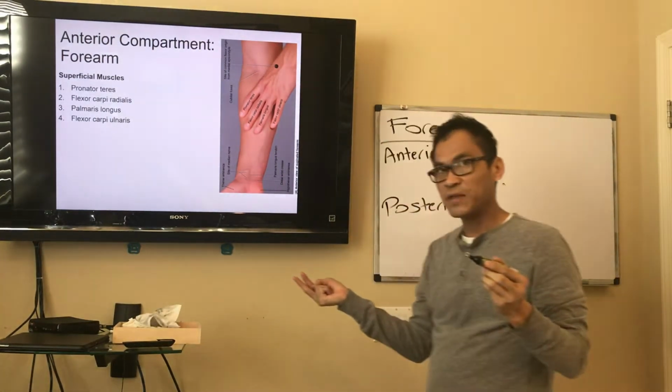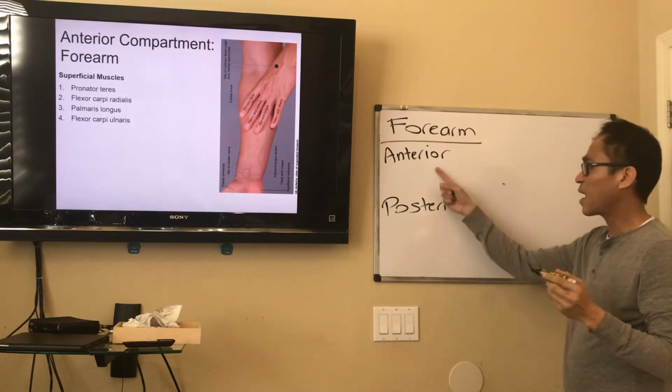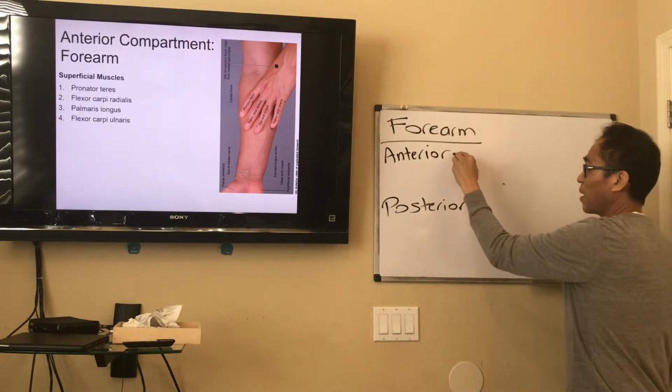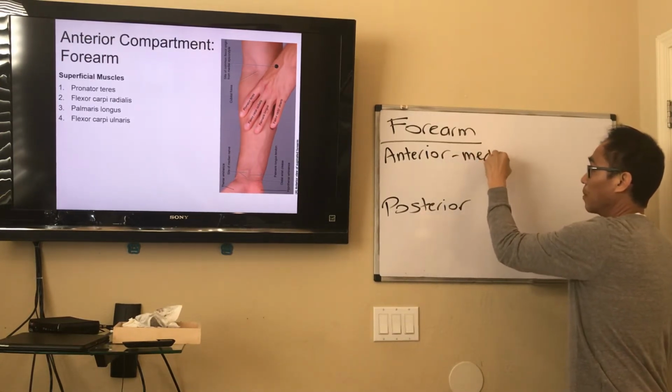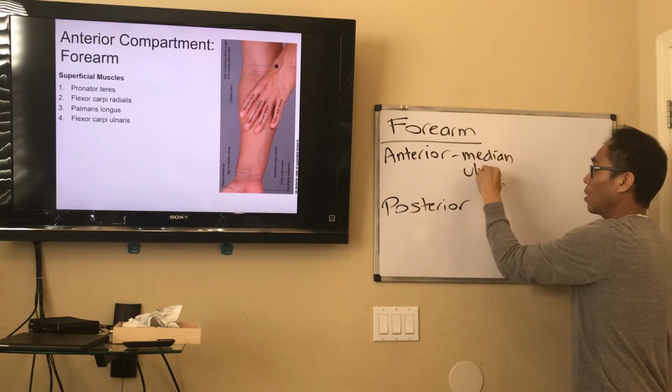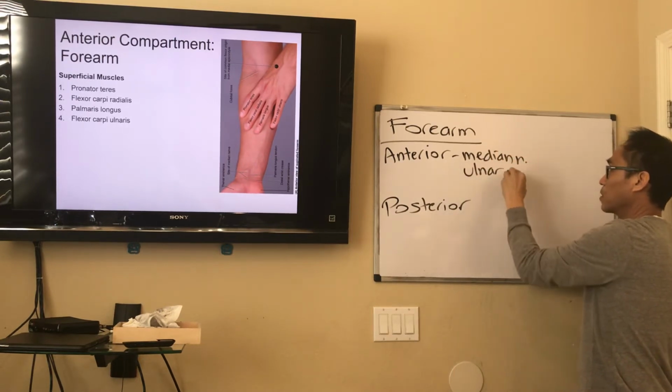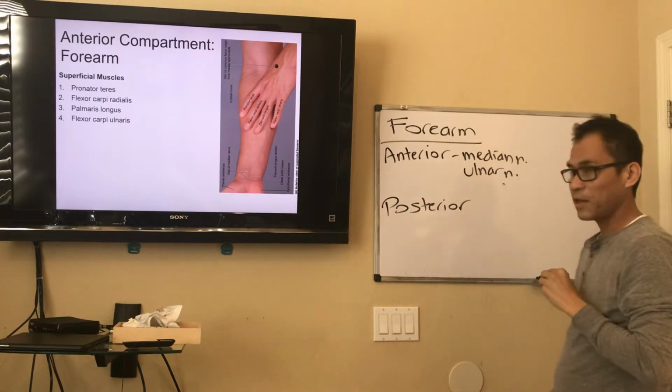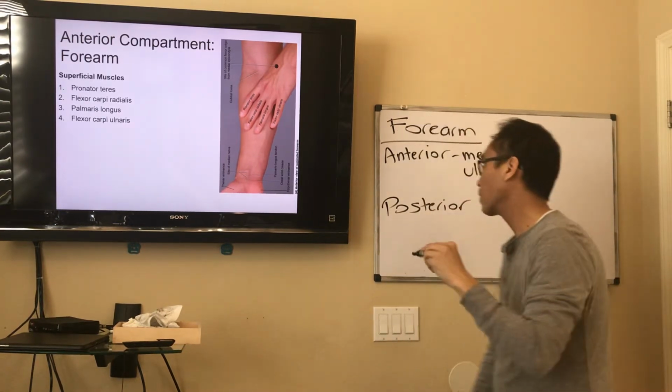The innervation is different. Muscles of the anterior compartment are usually innervated by the median and ulnar nerves. In the posterior compartment, the innervation is the radial nerve.